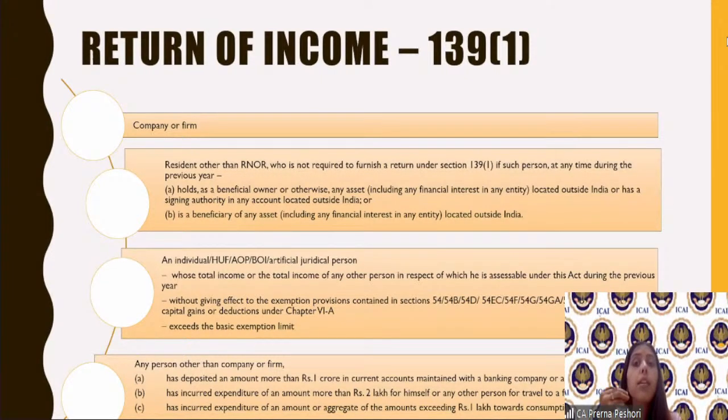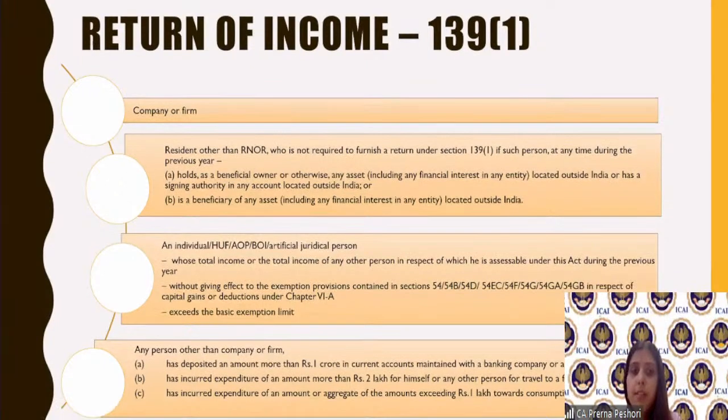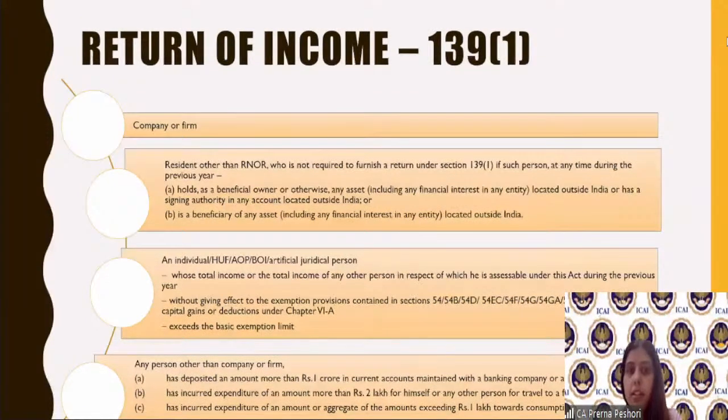Or an amount exceeding rupees 1 lakh towards the electricity bill. In that case, the person is mandatorily required to file the return of income. Is that clear? So these are the persons who are mandatorily required to file the return of income. Correct?